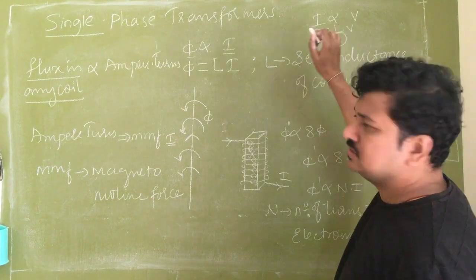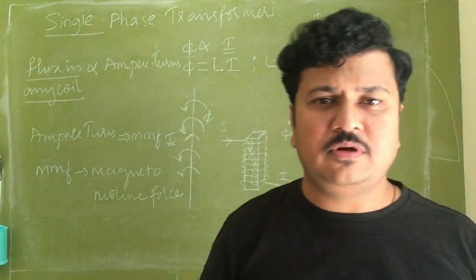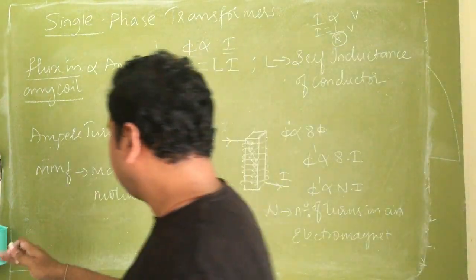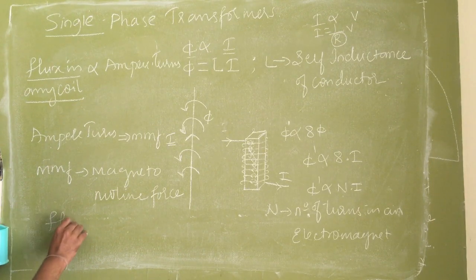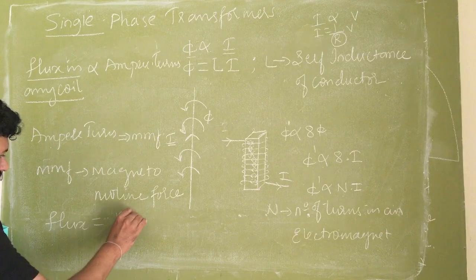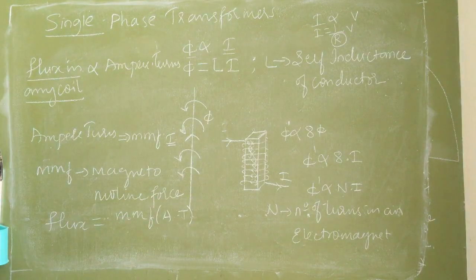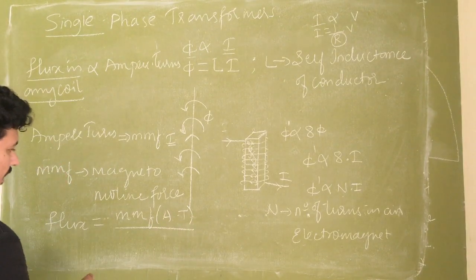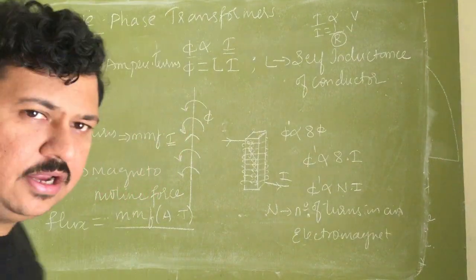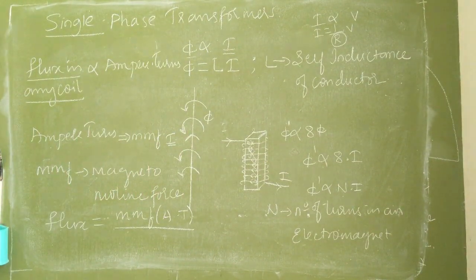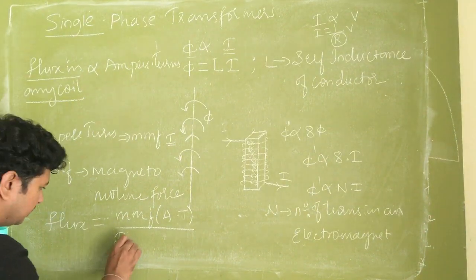Then I wrote here I is equal to 1 over R into V. This is what? Resistance. So resistance is the property due to which there is opposition offered to the flow of current. Exactly the same way, I will write flux is equal to MMF or ampere turns divided by, like resistance is opposing the flow of current in an electric circuit, there is one villain here for the creation of magnetic flux, we call it reluctance.